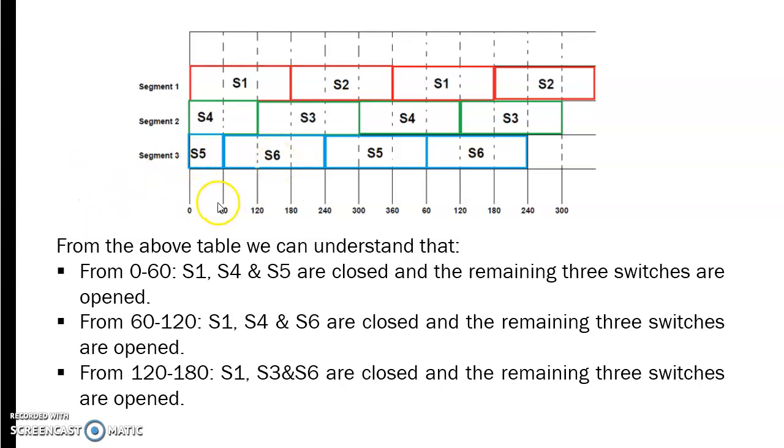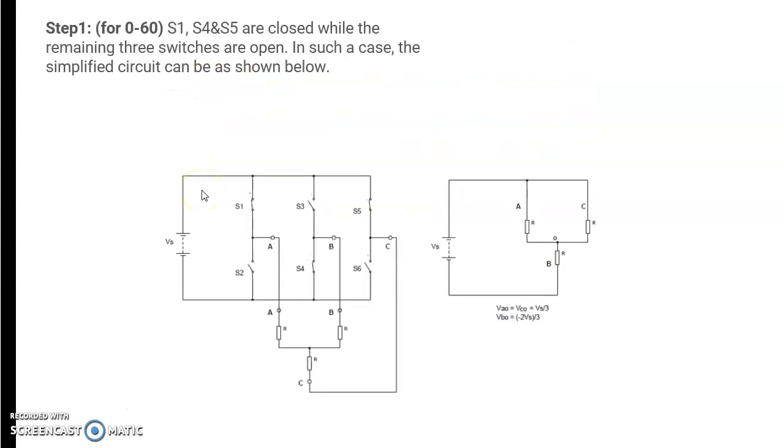For 0 to 60 degree, you can see that S1, S4 and S5 are on. Then this is the condition of the circuit: S1 is closed, S4 is closed and S5 is closed.